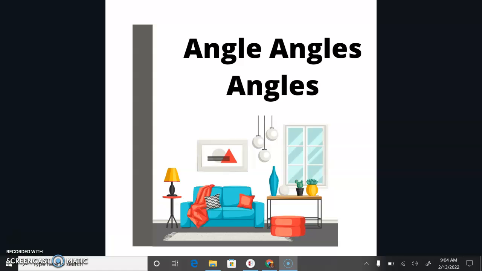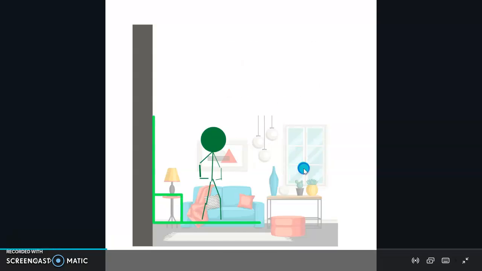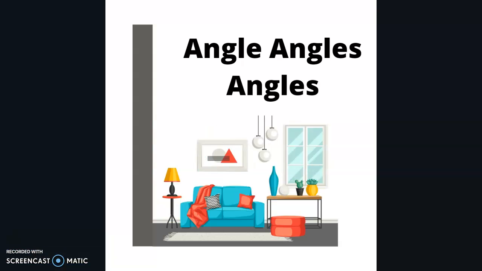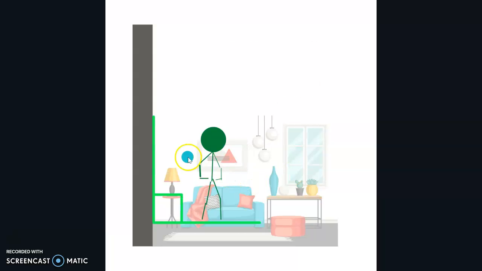Okay, so first thing I want you all to do is look underneath my chalkboard where the floor and the wall meet. There's a seam there, and it kind of looks like an L shape.